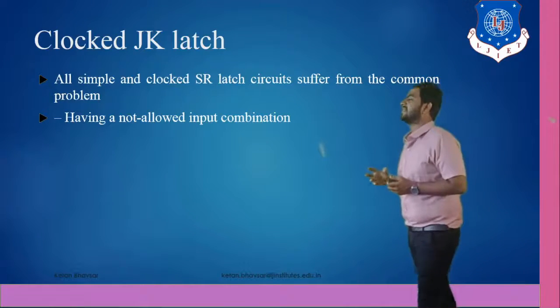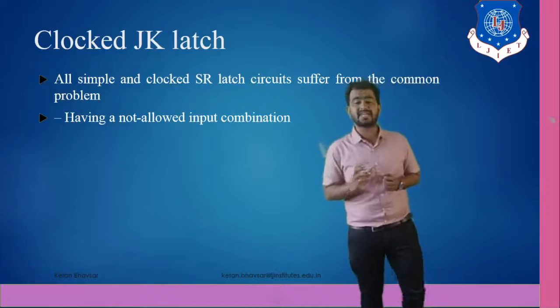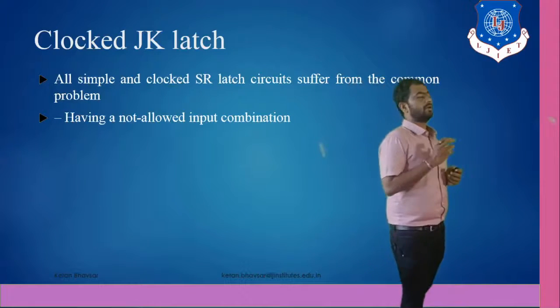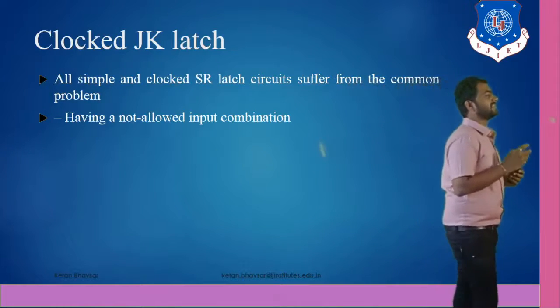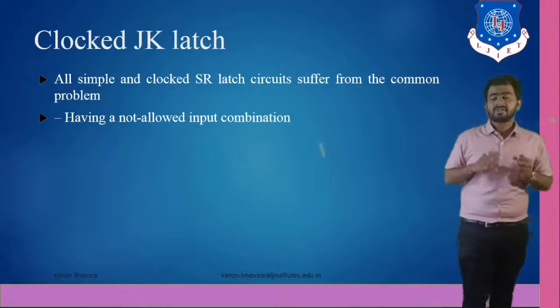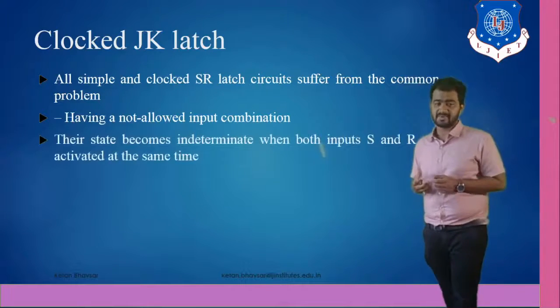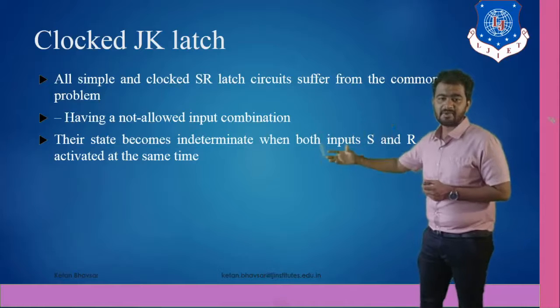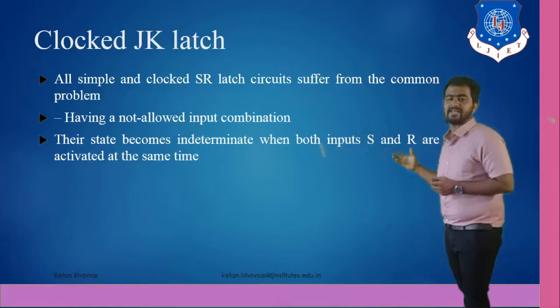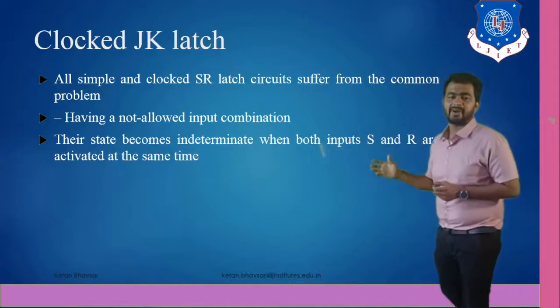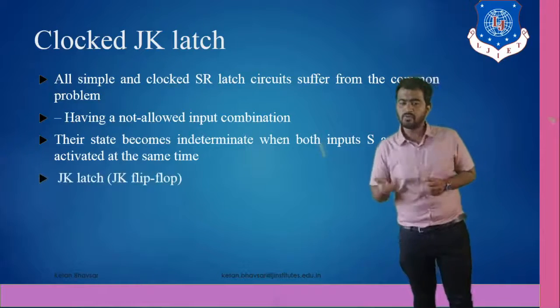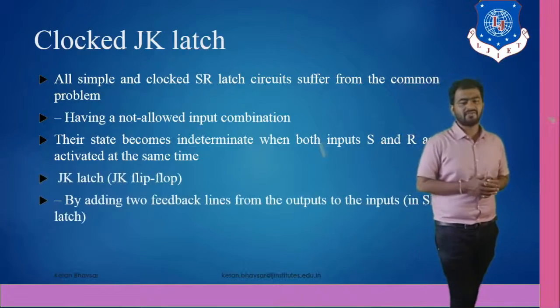If you look at the SR latch, it has certain limitations: when both inputs are active, it is a not allowed state. So to solve this issue, we work on the JK based concept. That state became intermediate when both inputs S and R are active at the same time. So we move on to the JK latch or JK flip-flop.